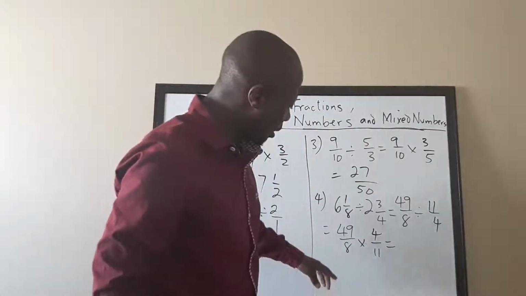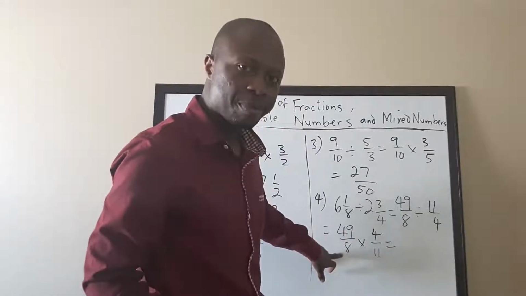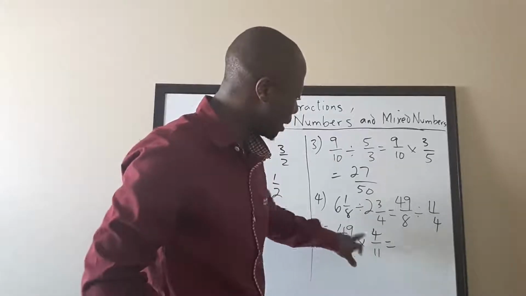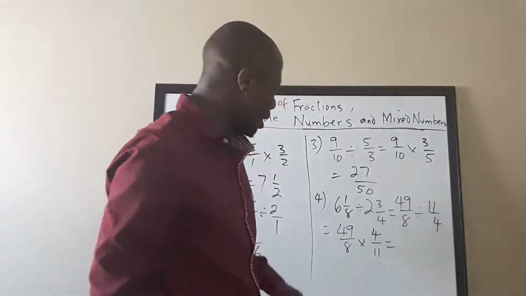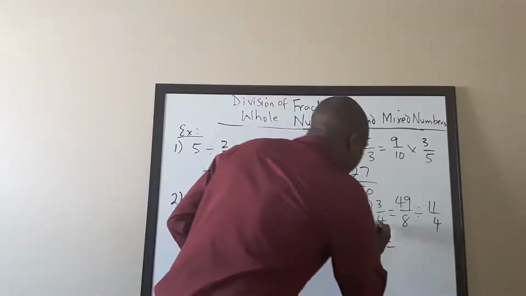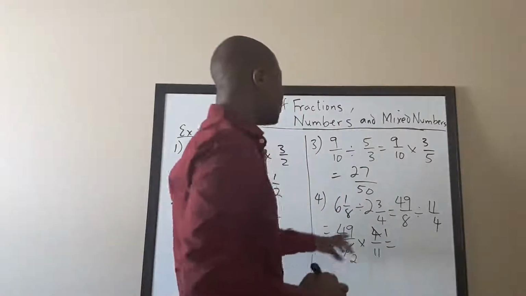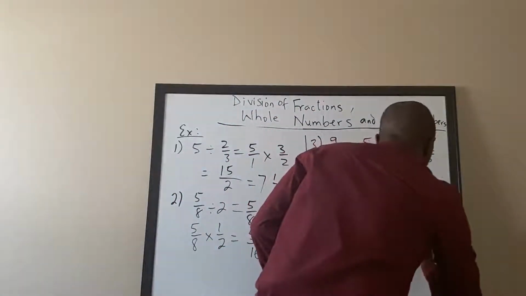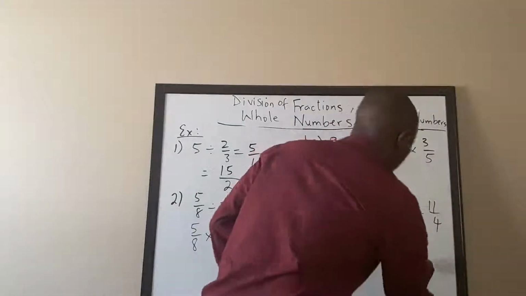At this point, I can do something about the 4 and the 8. There's a greatest common factor there. I can't do anything between 11 and 49. Now 4 goes into 4 once, and 4 goes into 8 twice. So I do 49 times 1 is 49, and 2 times 11 is 22.